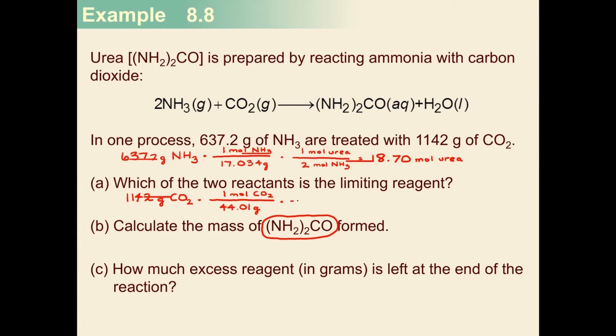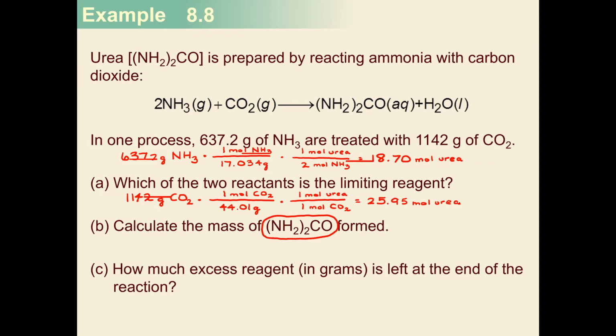And now you will see that this ratio is 1-to-1 from our balanced chemical equation. So I will get 1 mole of urea for every 1 mole of my CO2. So if I do this math, you will see that I can form 25.95 moles of urea.